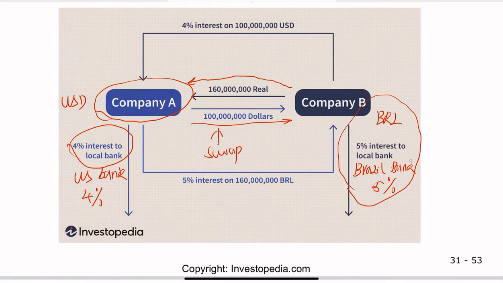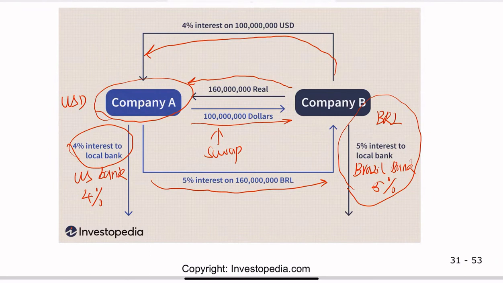So in the currency swap, firm B also needs to give this 4% interest rate in USD to firm A. And similarly, firm B has borrowed from this Brazil bank and it has to pay this 5% interest payment. And firm A will also give this 5% interest payment in Brazil real to firm B.